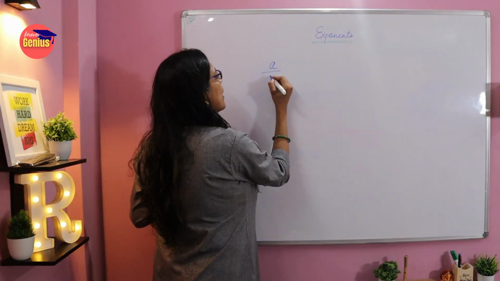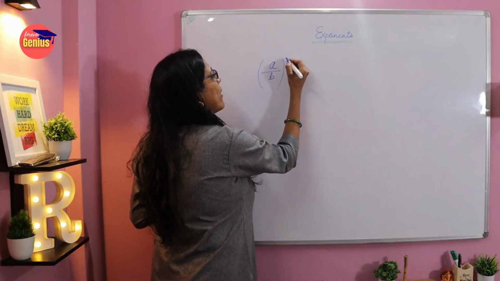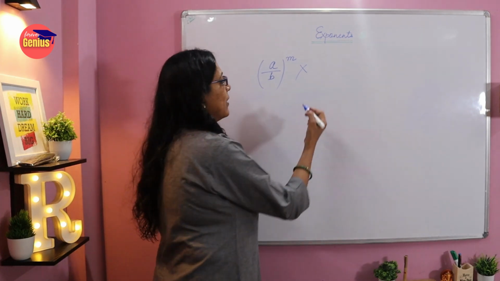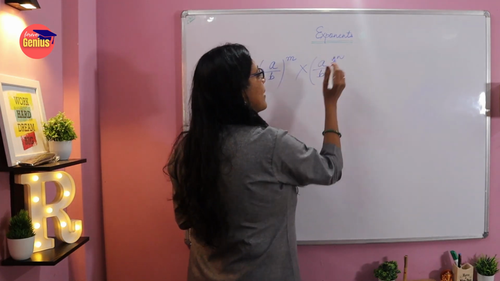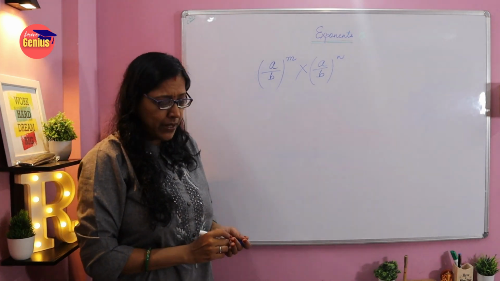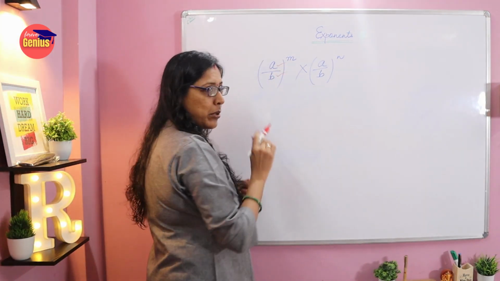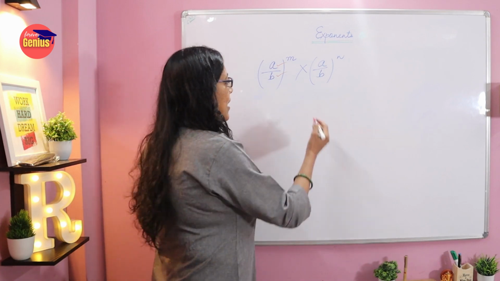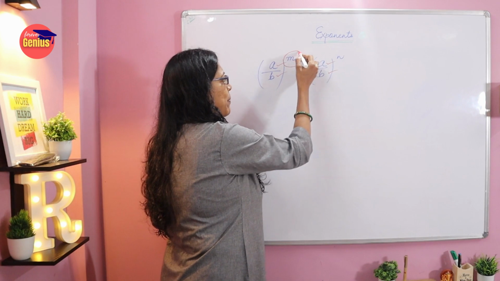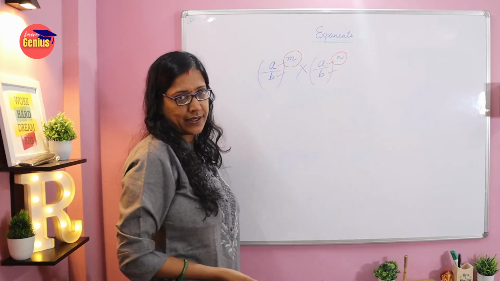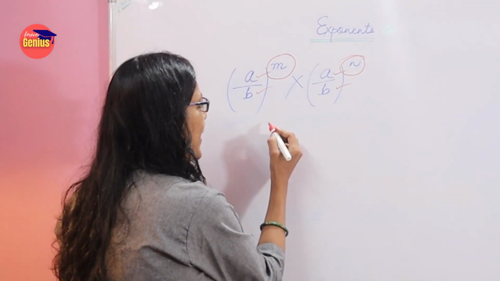This is the first thing we need to know in exponents. Now second, (a/b)^m multiplied by (a/b)^n. Why m and n? a by b means the same fraction. It is multiplied with the same fraction again. But here the power notations are different. So how are we supposed to write it?